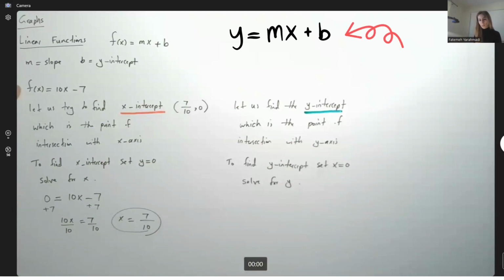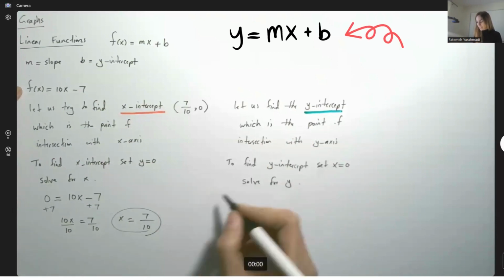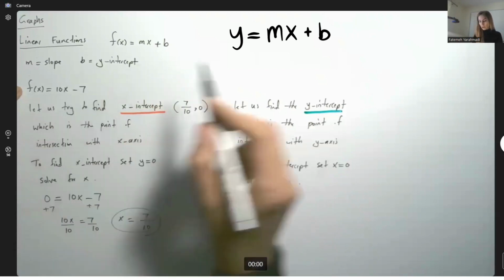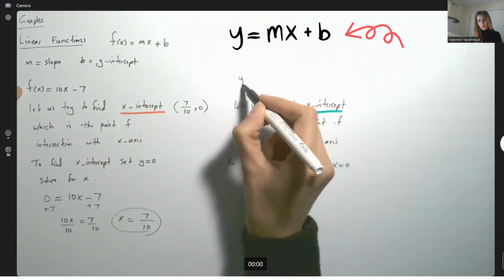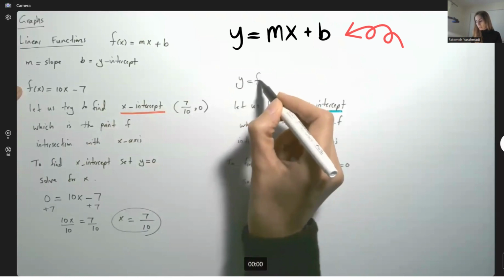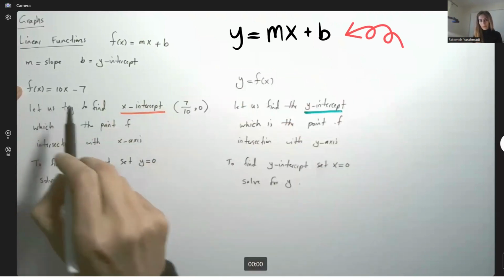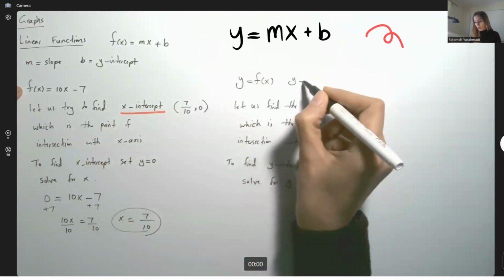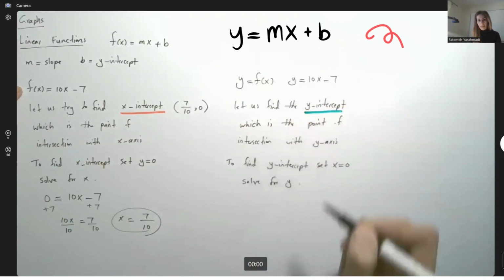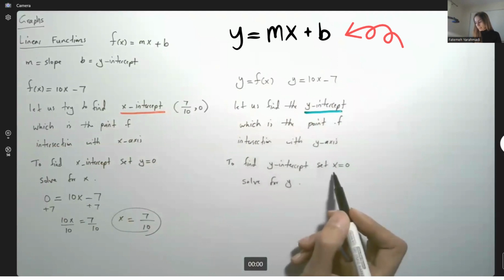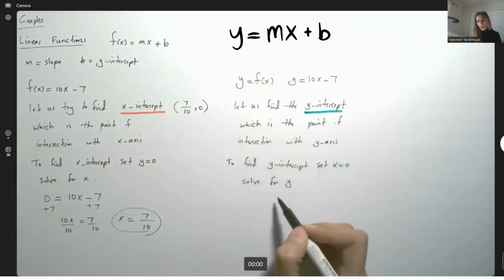Okay, this is my equation. F of x is equal to, remember that f of x represents your y. Y and f of x are basically the same thing. So when you write f of x equals 10x minus 7, you are writing y equals 10x minus 7. So it says, hey, set x equal to 0 and solve for y.